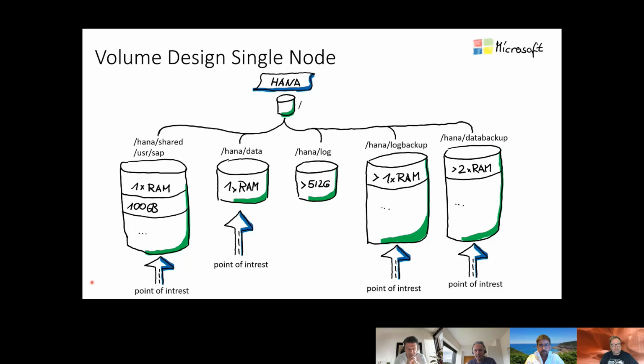Then HANA log, and as mentioned, this is only for the forward recovery, because all the files in that volume are open. Therefore, we do not have the chance to back up or snapshot this folder. It does not really make sense, because you cannot use the data since it's open. Another very important topic, though, is the HANA log backup, because in that log backup is also the catalog.